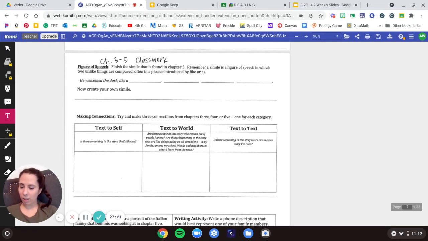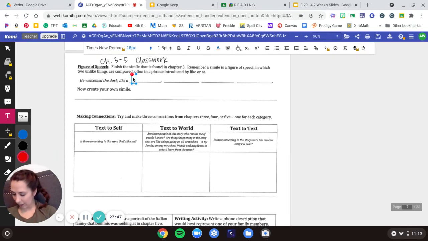He welcomed the dark like... Let's look through and see if we can find that simile. Well, on the bottom of page 14, I found it. Did you find it? Alright, bottom of page 14.